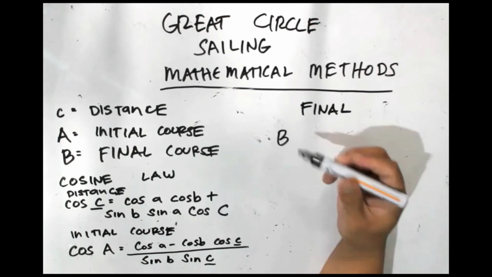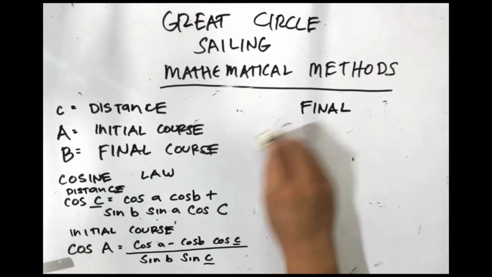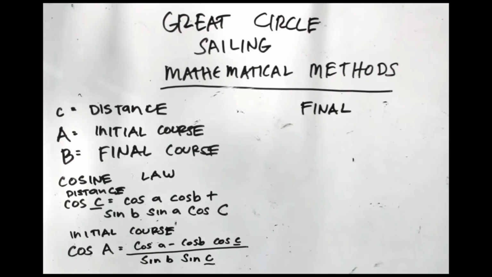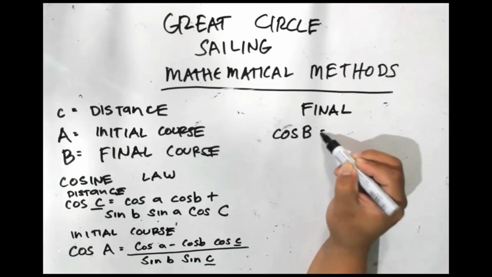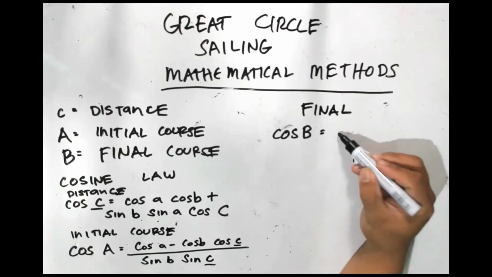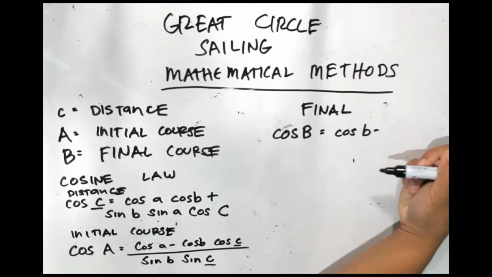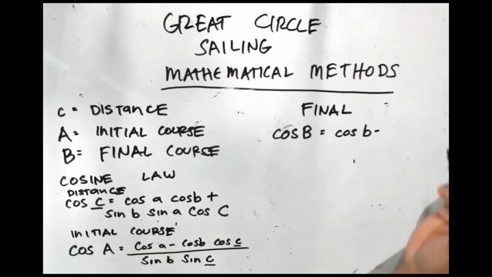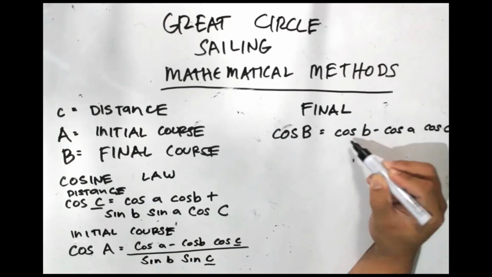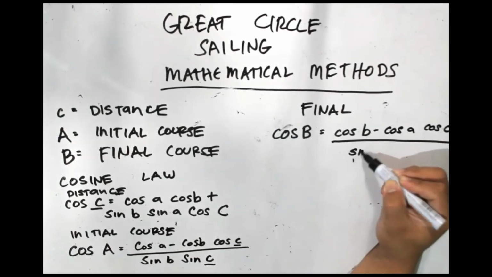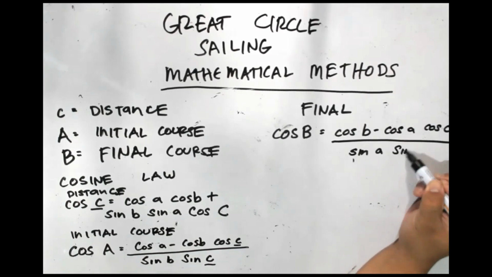Yan, yung B natin. The B will be equal to yung final natin, cosine B equal to cosine B na maliit minus cosine A times cosine C na maliit divided by sine A multiplied by sine C na maliit.